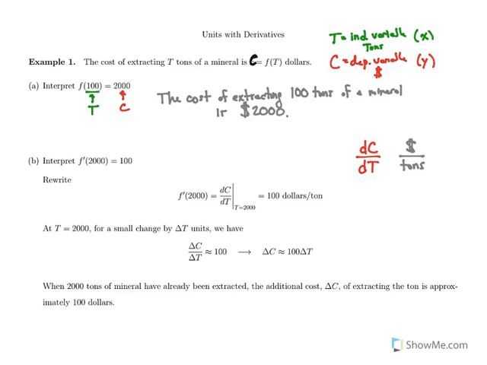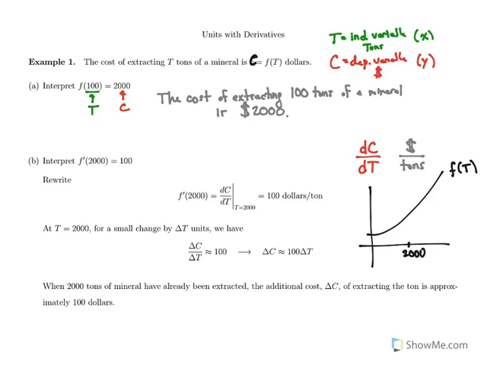So another way of saying this is at T equals 2,000, when we extract 2,000 tons of material, if we have a small change by delta T units, then delta C over delta T is going to be about 100. Let's say that again with a little graph. We have our function f of T. We have 2,000 here.